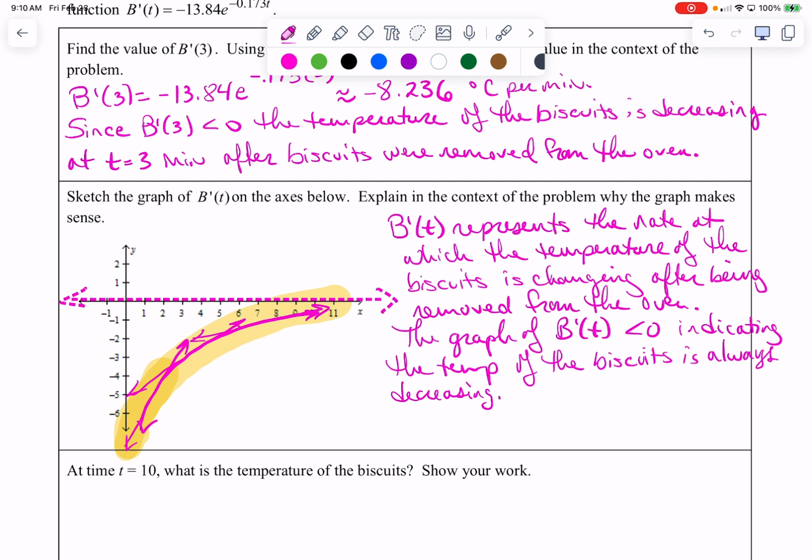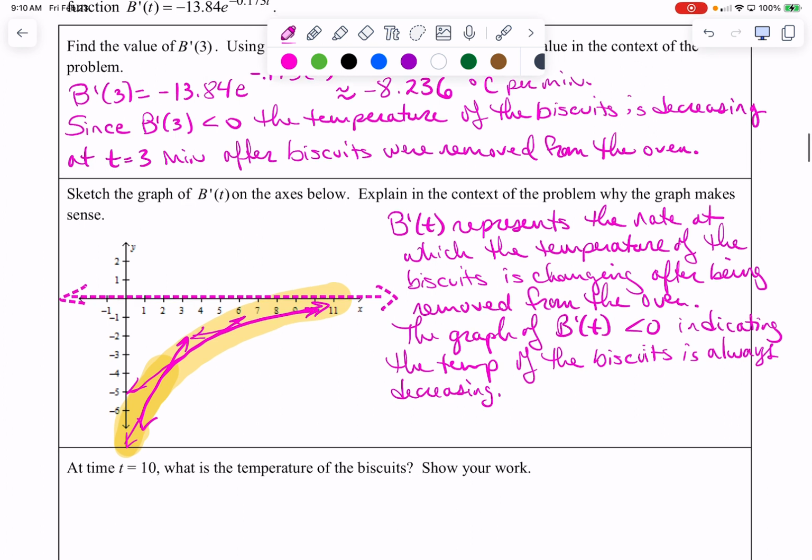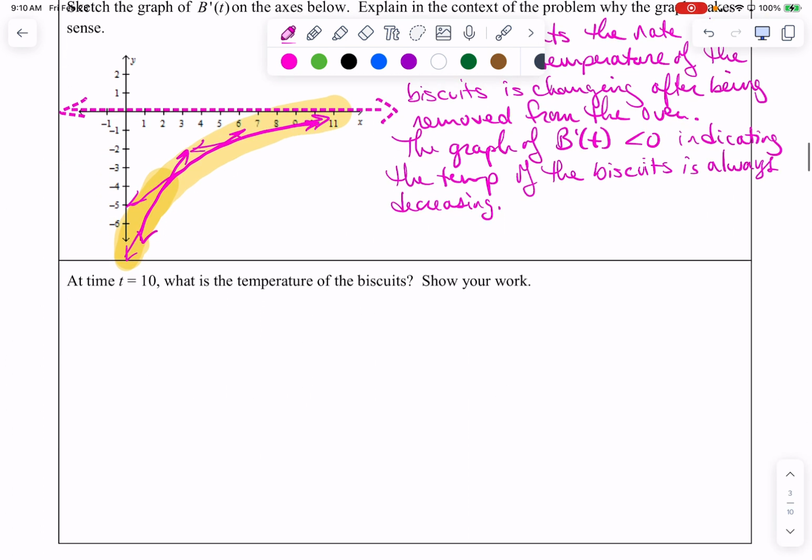And you could put more information about the slope and how that is doing increasing rate if you wanted. Okay, time t equals 0. What is the temperature of the biscuit?